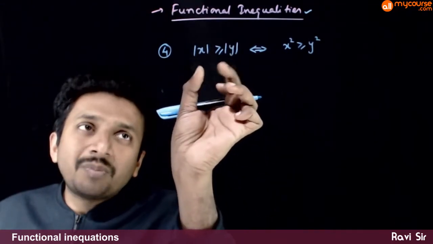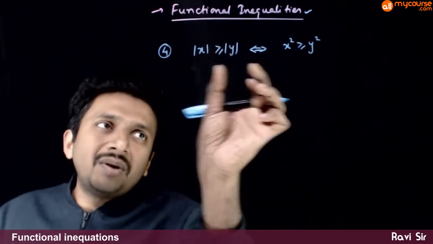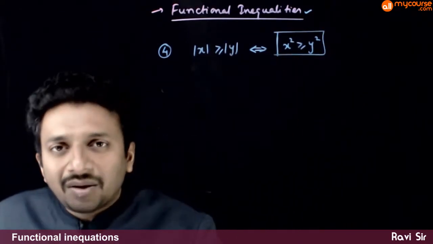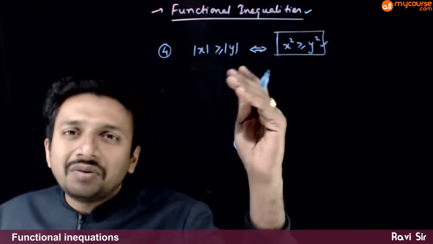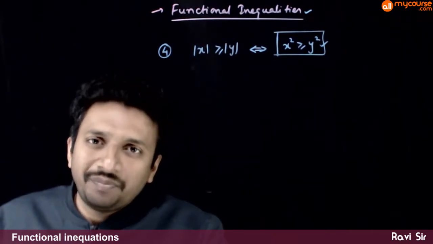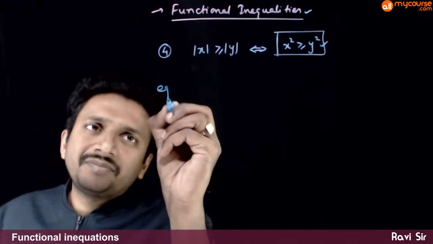Once these two numbers are positive, I can square them. So mod x greater than or equal to mod y is exactly the same as x square greater than or equal to y square. You can convert this into a quadratic inequality and solve it using the wavy curve or so. So let us look at some examples.